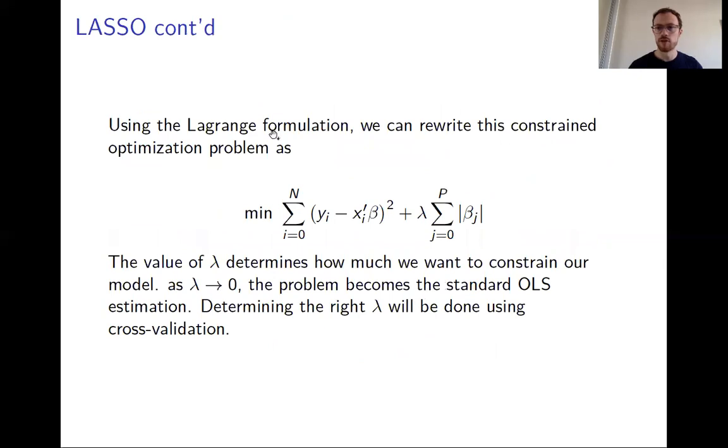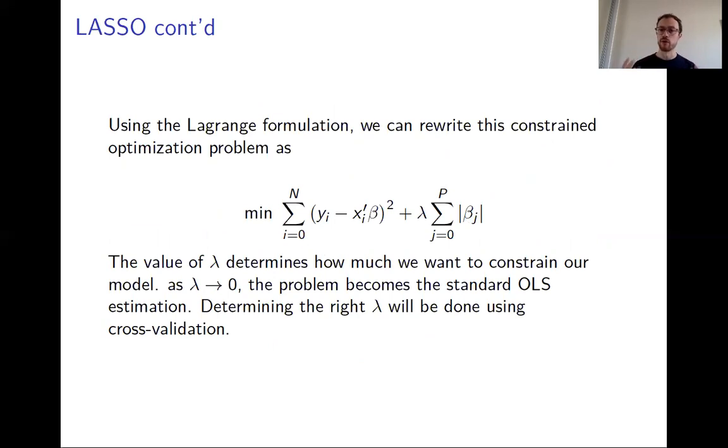We can rewrite this using the Lagrange method, and then minimize the function where we minimize the squared deviations plus lambda times the sum of all beta coefficients. And now we have this lambda parameter, which determines how strong this constraint should be.